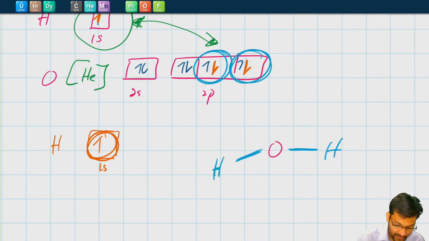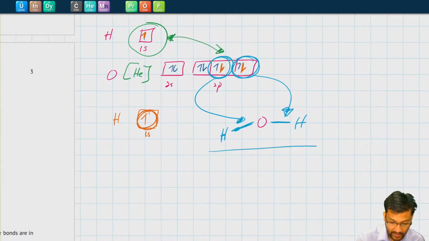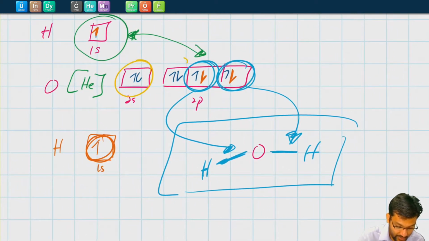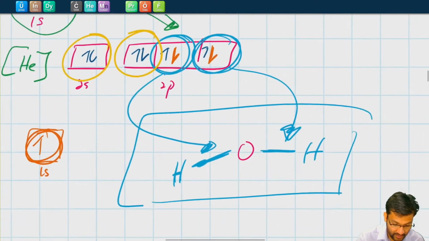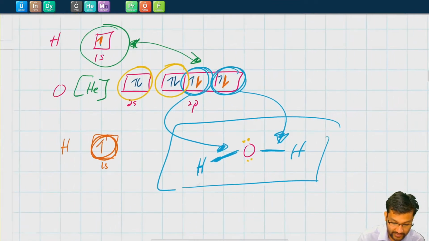In the first pair, we have one electron from oxygen and one from hydrogen. In the second pair, the same thing. And that's how, at least from a Lewis structure, we understand bonding. These other two pairs, let me point them out, this pair and this pair in the valence orbitals, are not involved in the bonding. That's why we draw them as lone pairs, just staying on the oxygen like that.